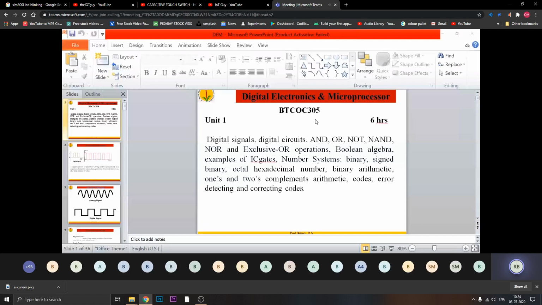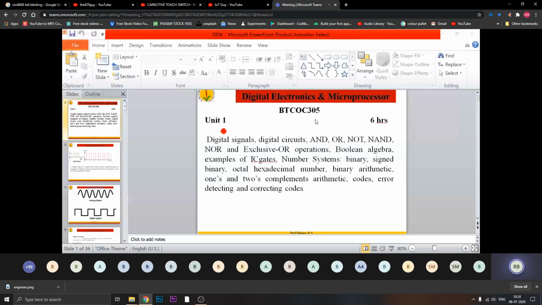When I define it in terms of voltage, a digital signal has only two voltage levels, either 0 volt or 5 volt.